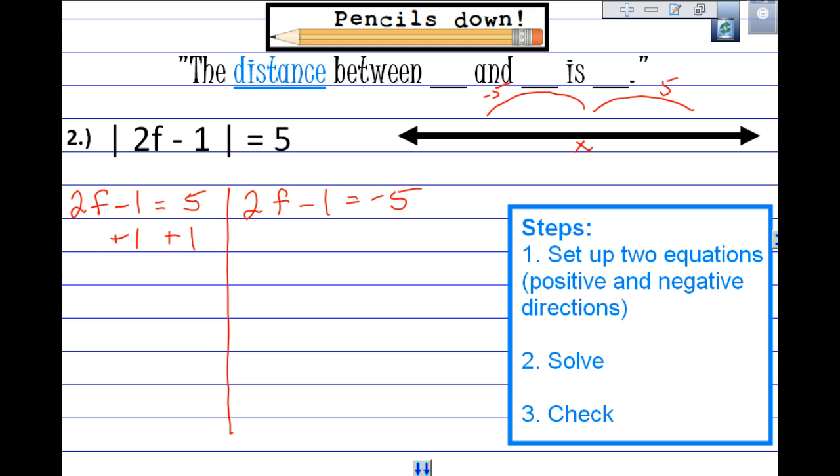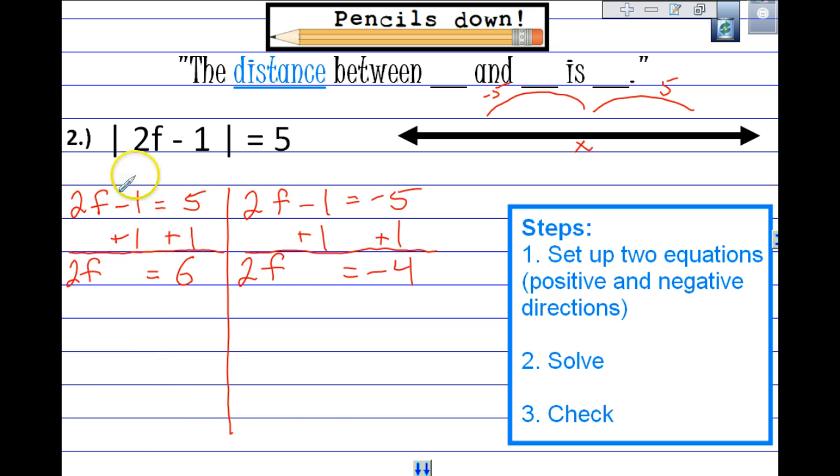The nice thing about this is that it's the exact same algebra to solve both, since the left-hand sides are always going to be the same, 2f minus 1, 2f minus 1. They're both minus 1, so you have to add 1 on both sides. Of course, the arithmetic is different because they're different numbers, but the steps are the same. So we get 2f equals 6, and 2f equals negative 4.